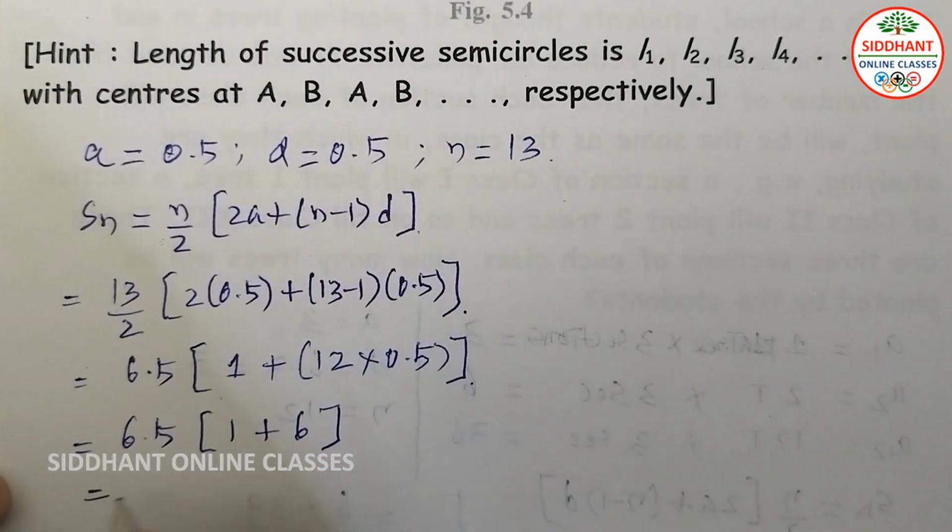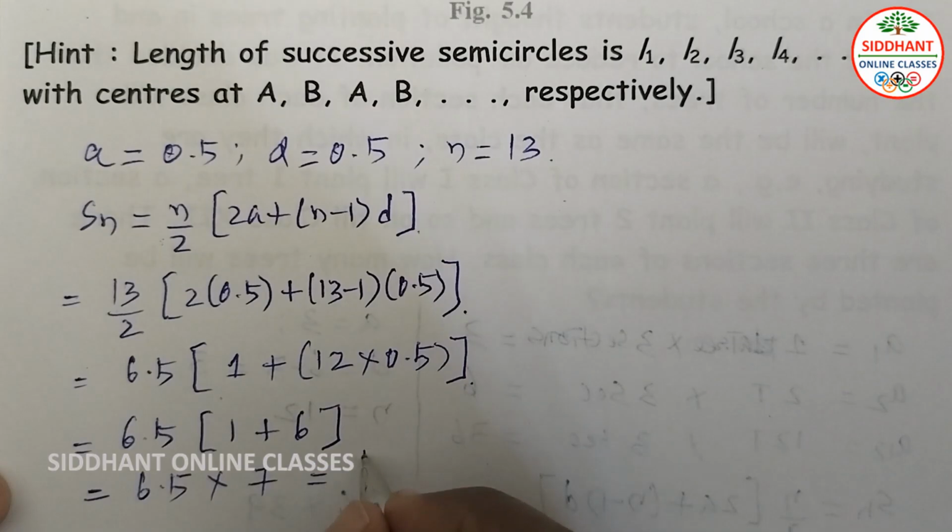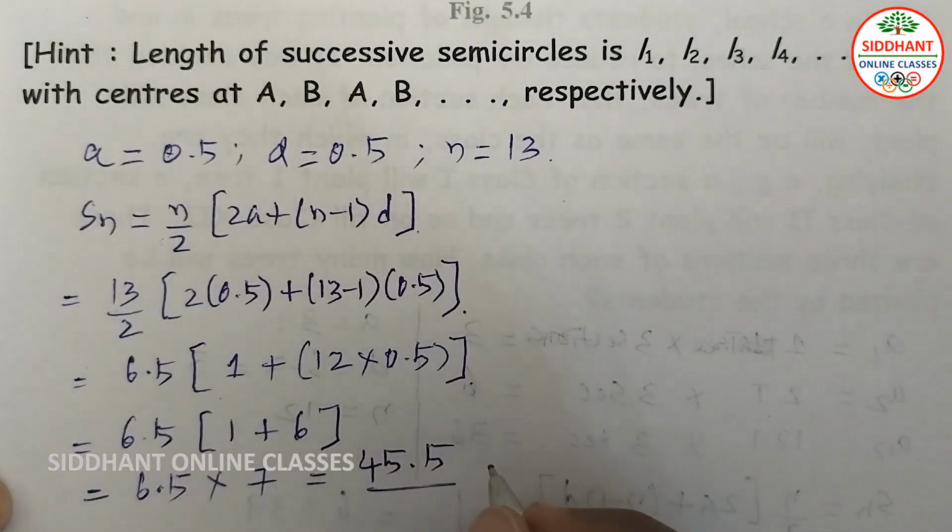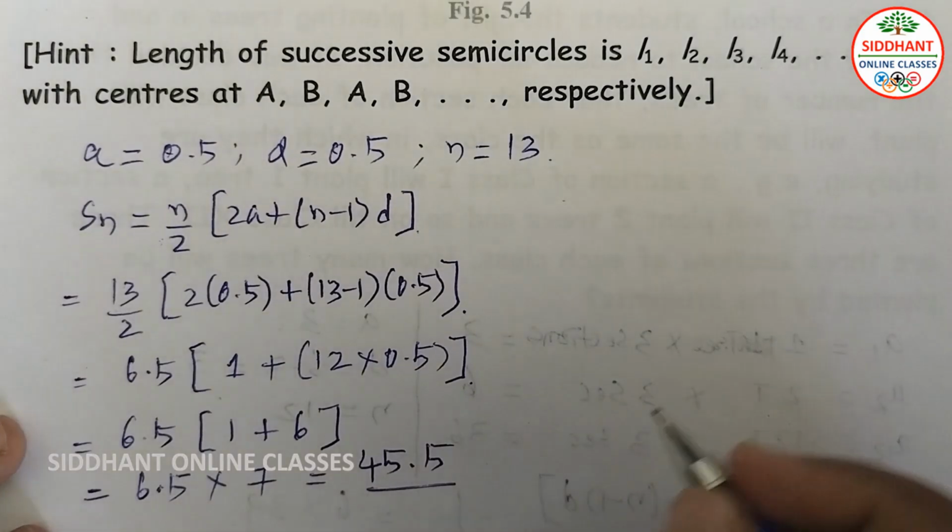So that equals 6.5 into 7, which is equal to 45.5 here. This is the total sum, that is the total length here.